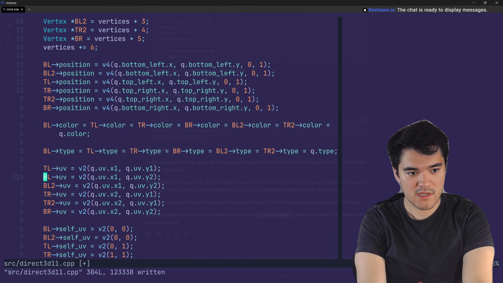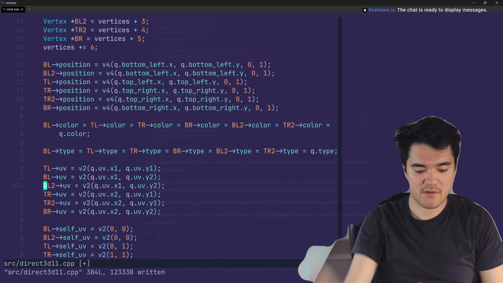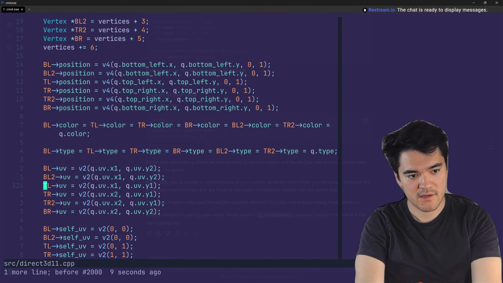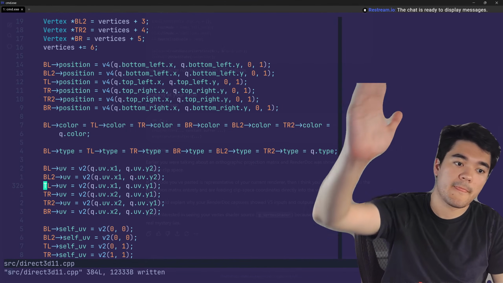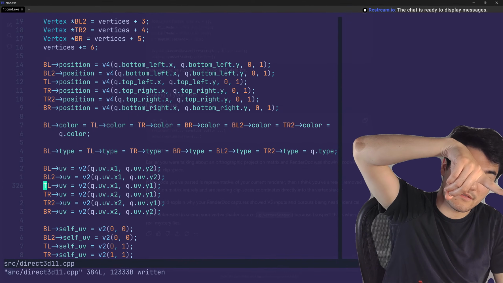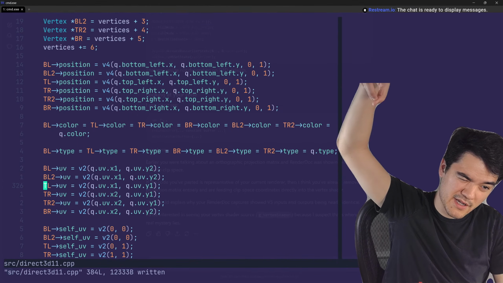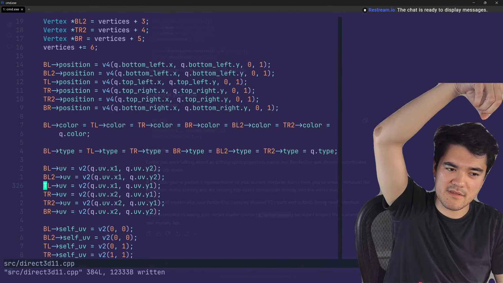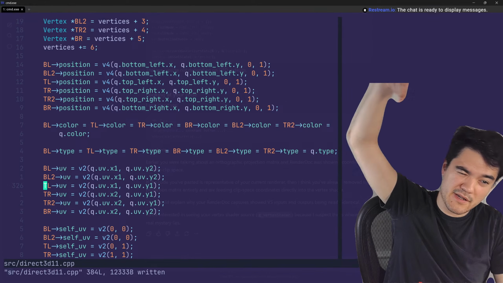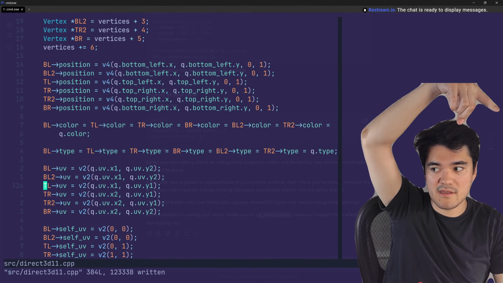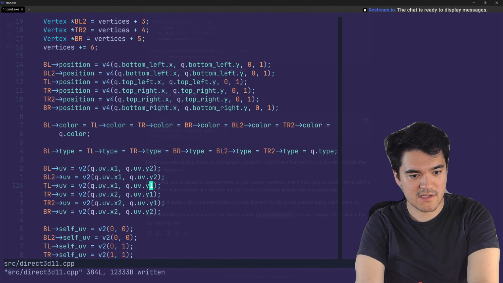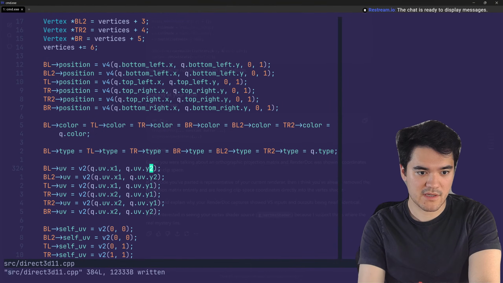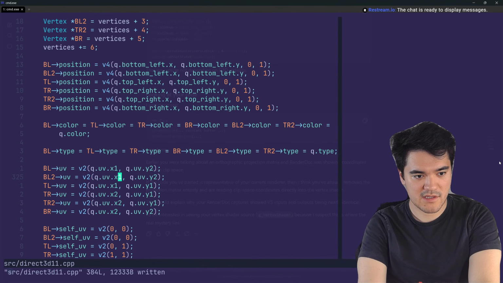And as we wind, I'll move that back. We're starting at bottom left. We should be going then to top right, and then to top left. Bottom left, top right, top left. Yes. Not that that mattered. So top left should be the 0 UV. Bottom left should be 0. Okay, actually these I think are right.